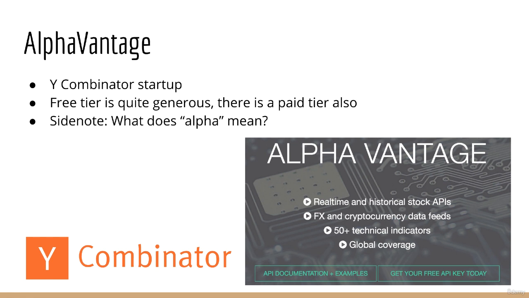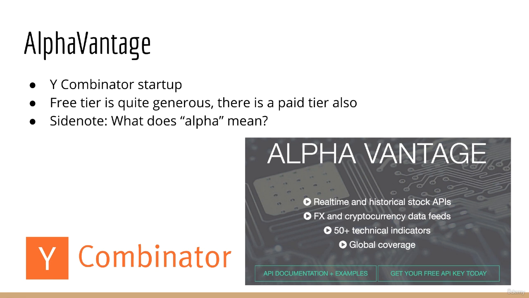One of the APIs that Pandas connects to is the Alpha Vantage API, which I think is also worth a mention in this lecture. Alpha Vantage is a startup which is backed by Y Combinator, and it has that modern, easy, and accessible feel, which is more common with young companies today. They provide you with a free API that allows you to download financial data, and if you need to go beyond their free limits, which are quite generous, there is a paid tier as well.